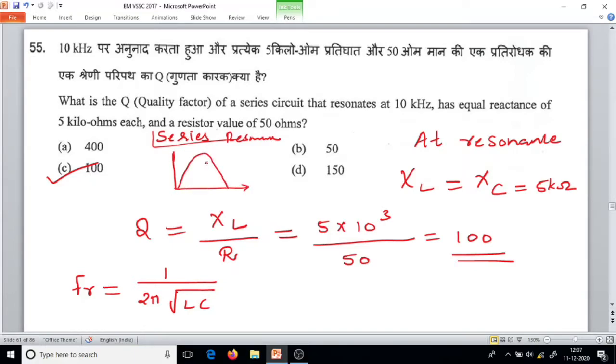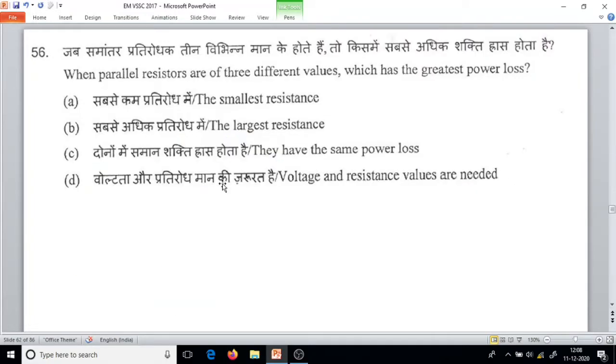If you draw, this is the current. At resonance, current reaches maximum. Current reaches maximum means this is the frequency, this is the resonance frequency. At resonance frequency, in a series resonance circuit, the current reaches maximum and the impedance is minimum.